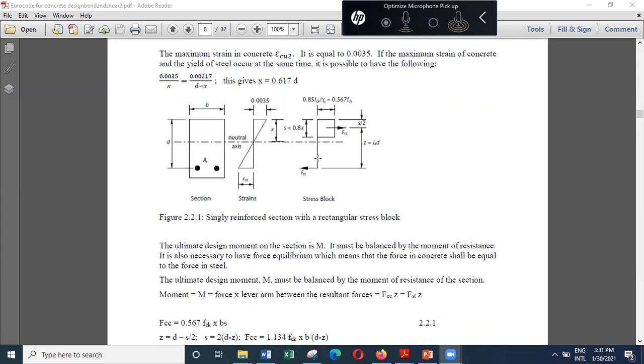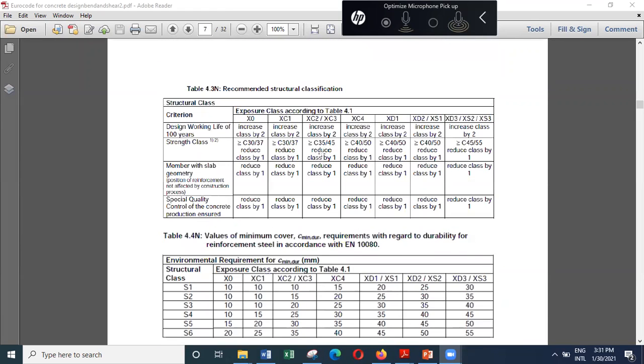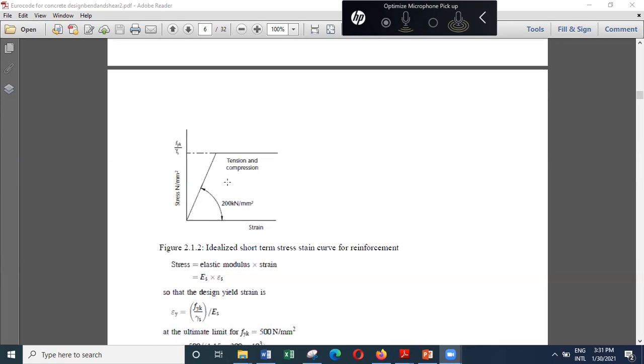And if you look at the force in steel, we have to see where we are. If you look at the stress strain curve, we have selected x over d less than 0.45. That means we have moved way beyond this point, so we have gone this way, because the strain at this particular point is 0.00217, and x over d is less than 0.45.